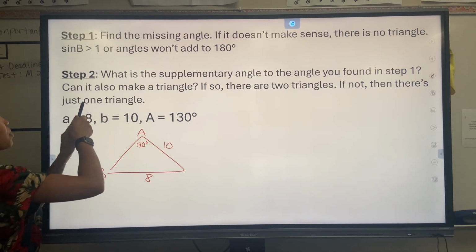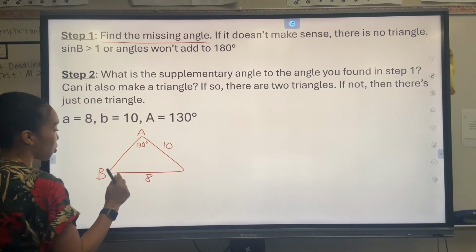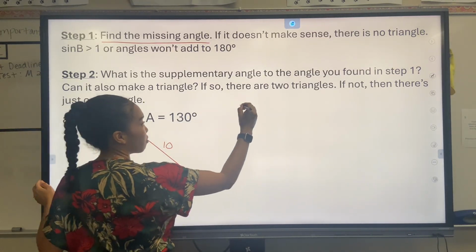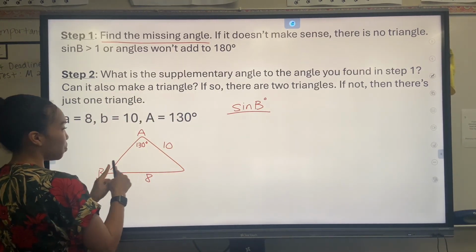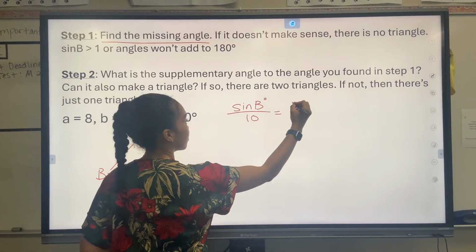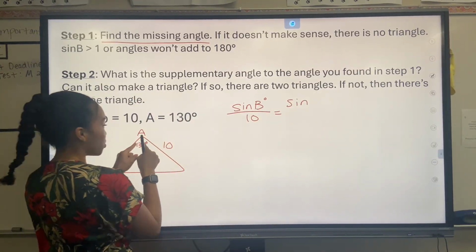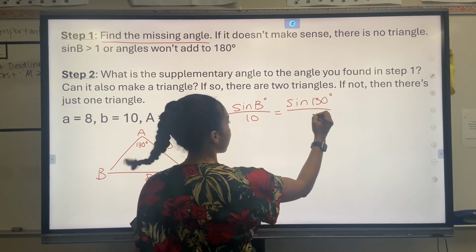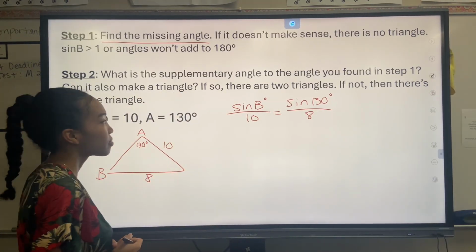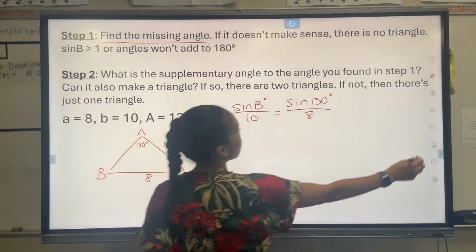So the first step is to find the missing angle. So I'm missing angle B. Whatever I'm missing, I'm gonna put it in the numerator. Sine of angle B goes with 10, and sine of 130 degrees is over its side, which is 8. Okay, so now we're gonna solve.